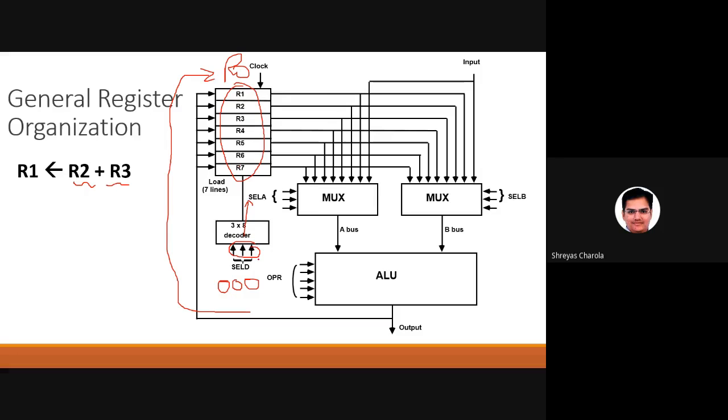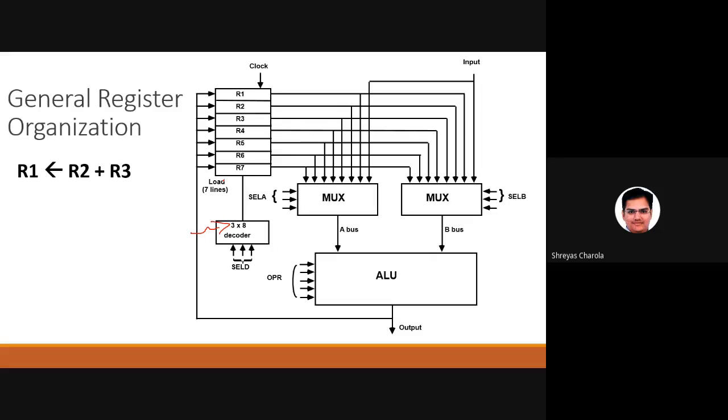If I write 0,0,1, the data will be written in R1. If I write 0,1,0, the data will be written into R2. And if you write 0,1,1, the data will be written in R3. This is how we can write the answer, and that is why the decoder has been put over here.